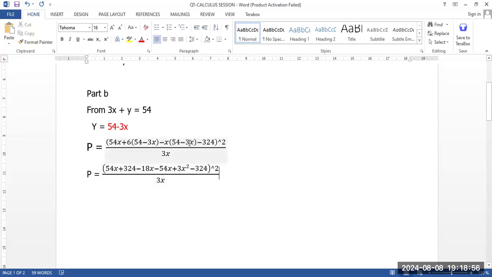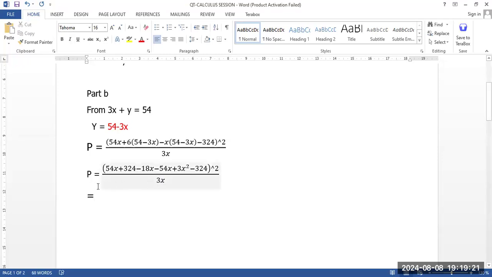Then in the next bracket, negative x times 54 gives negative 54x. Then negative x times negative 3x gives positive 3x squared, because x times x is x squared. Then minus this.